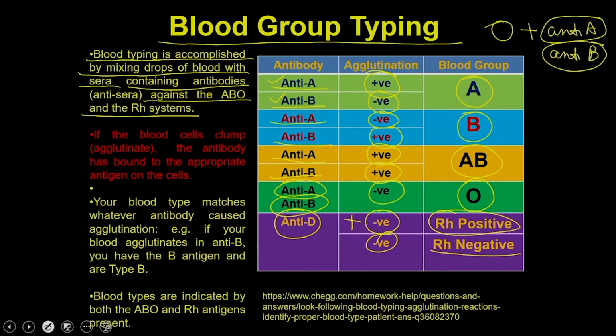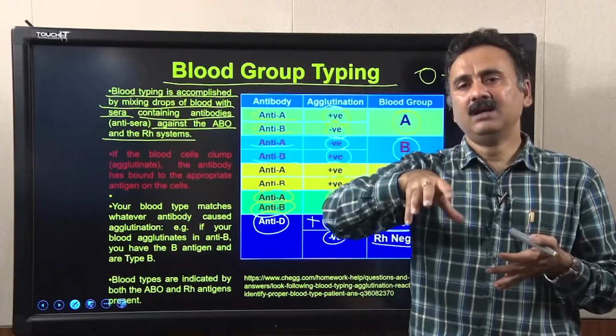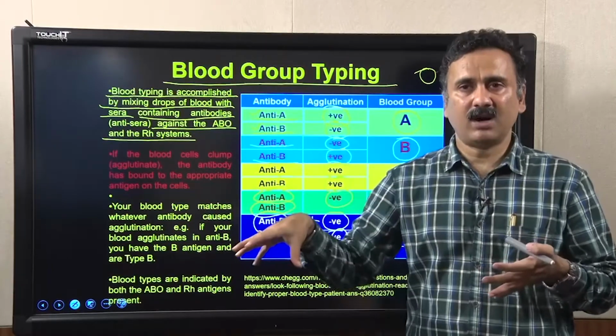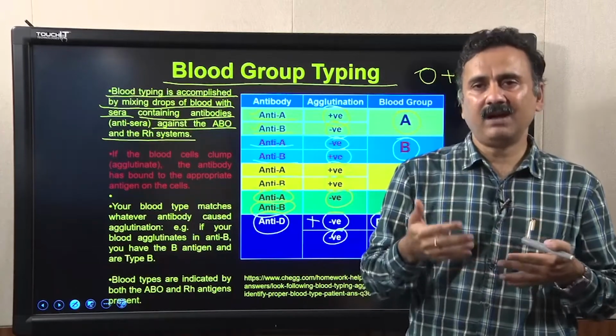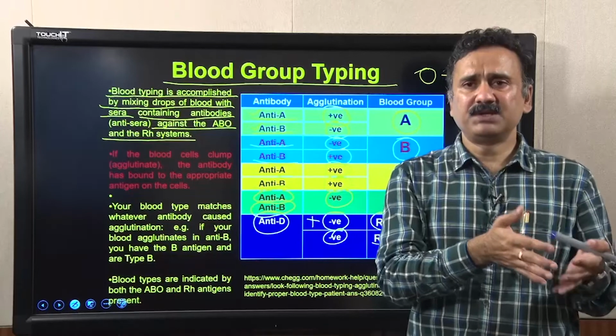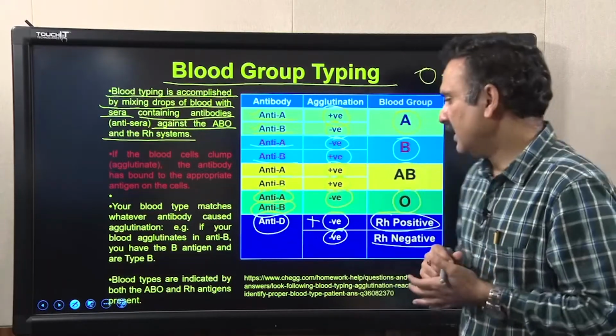By simply doing these three reactions, adding the blood drop with anti-A, anti-B and anti-D antibodies, you will be able to classify a person by blood group: either A positive, B positive, AB or O positive.